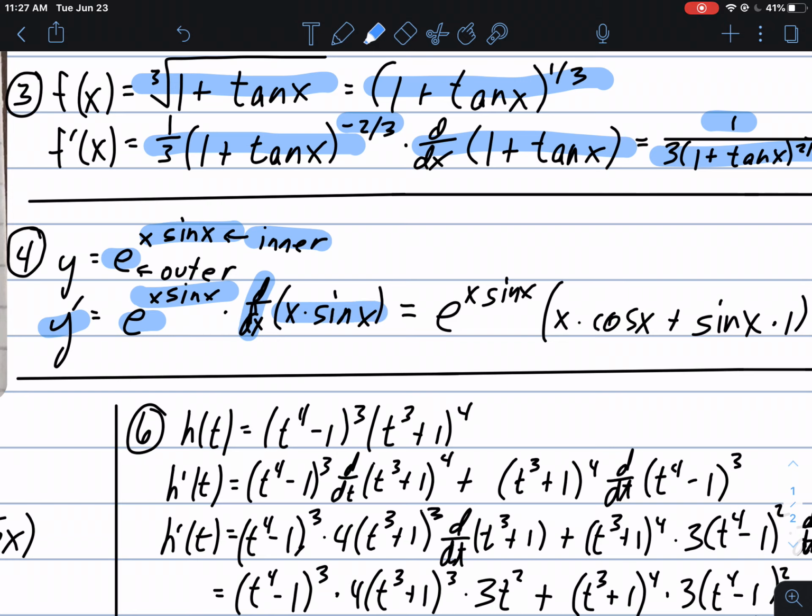Okay? So the derivative of e to the whatever is e to the whatever times the derivative of that exponent. Now, once you get to this part, now I have to differentiate x times sine of x. You just differentiate that depending upon what it is. And in this case, that would require product rule.